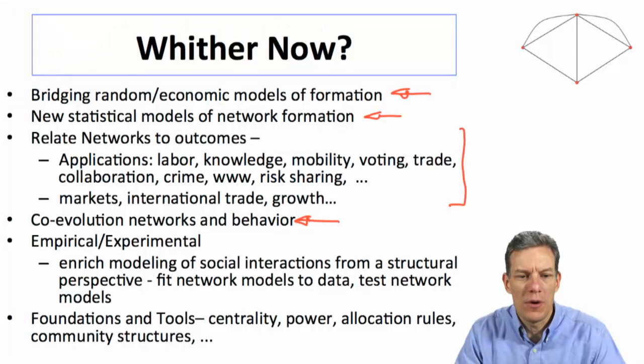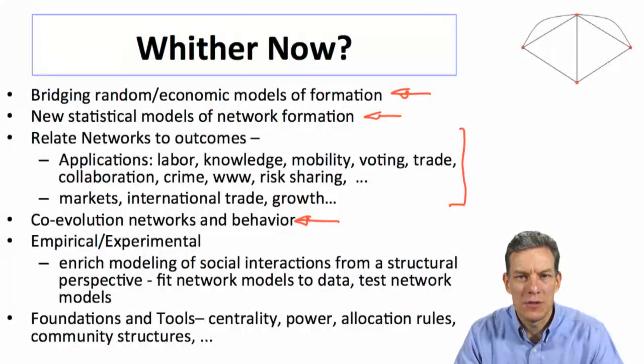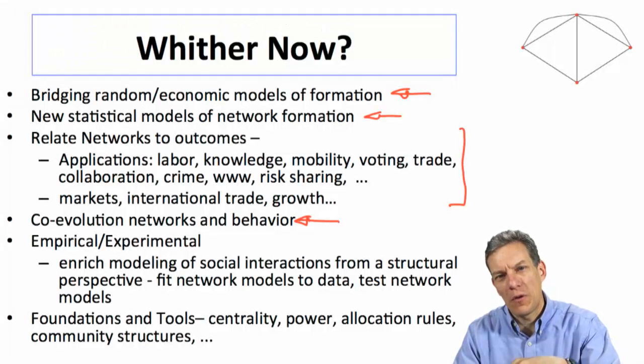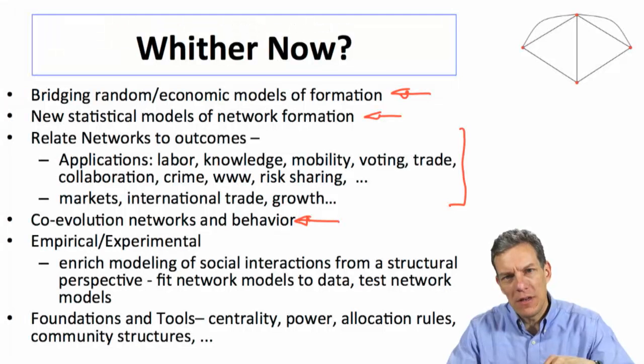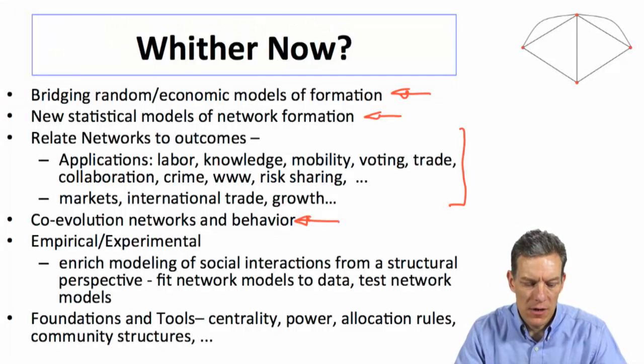There are also important areas, both in terms of laboratory experiments, which have been growing over time, and field experiments, which are also starting to grow more over time, where one can actually control carefully what's happening on the network and then see what the implications are in terms of various behaviors. So this is another area which I think will be expanding over time.